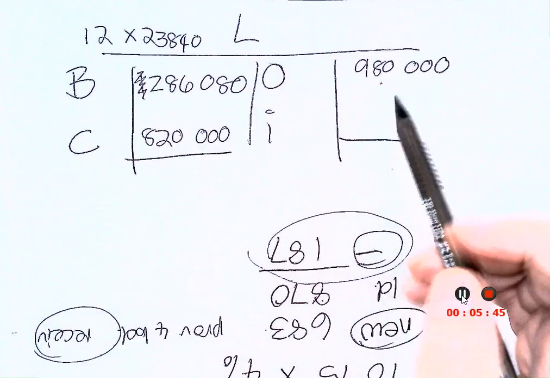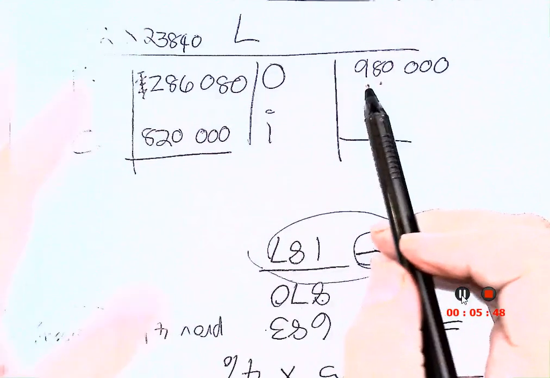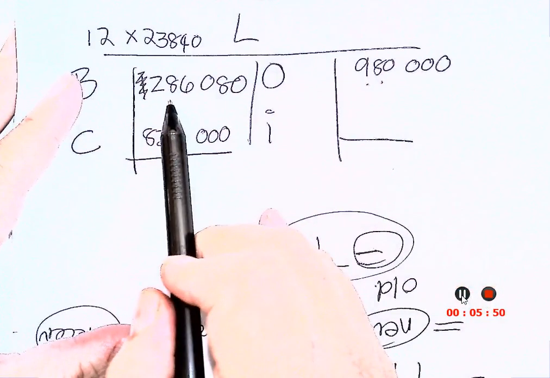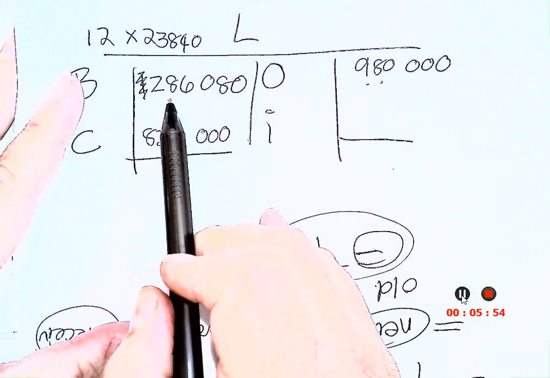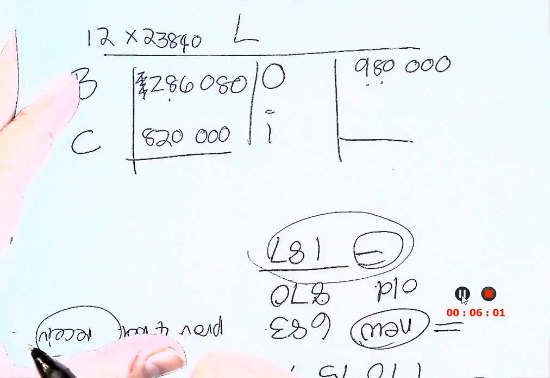I just quickly want to show you something. If I say 980 minus 286, what do you get? 693920.